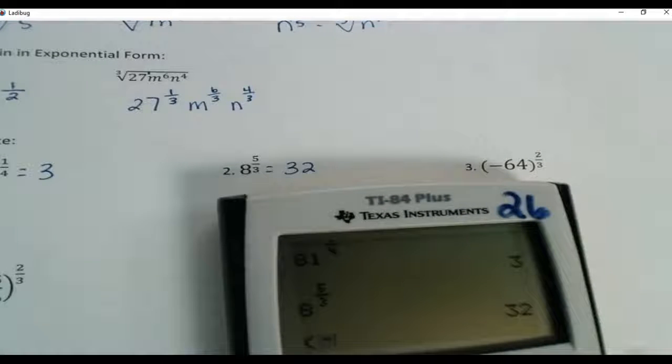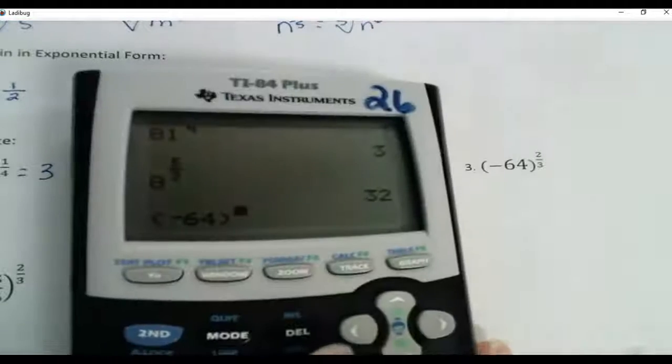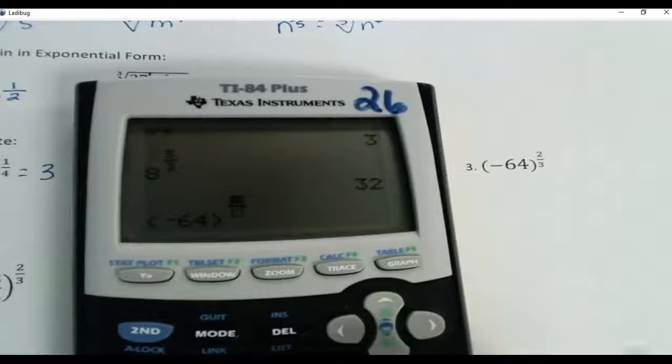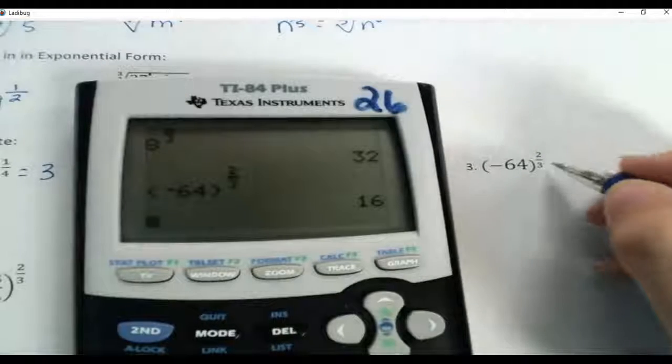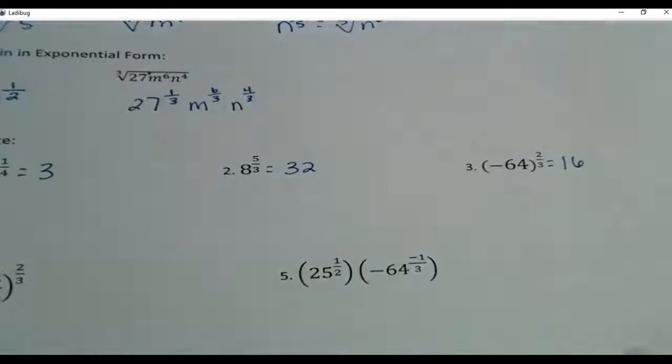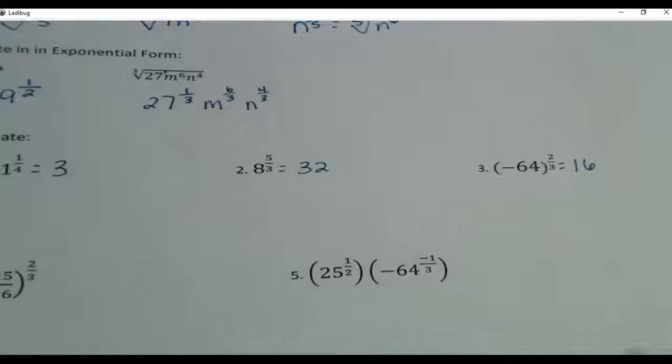So our next one, we have negative 64 to the alpha y equals enter 2/3, and we get 16. Questions?